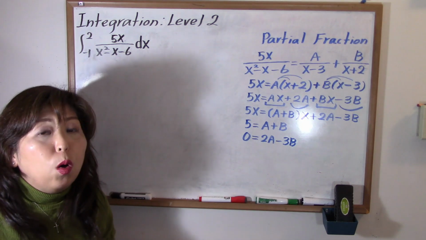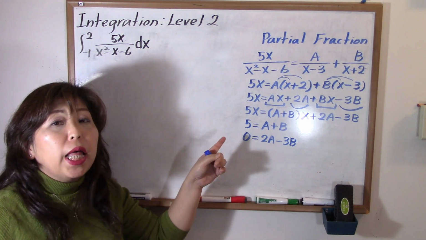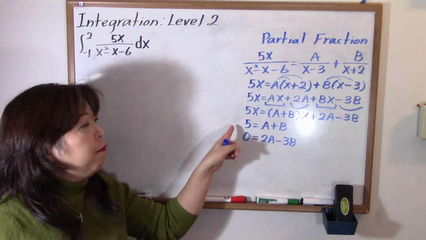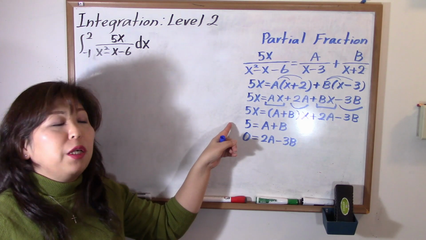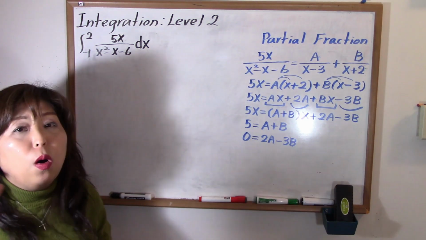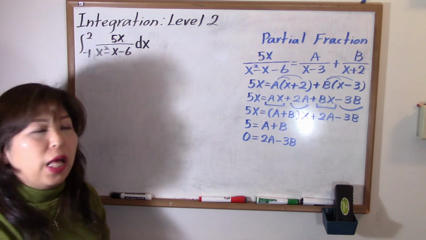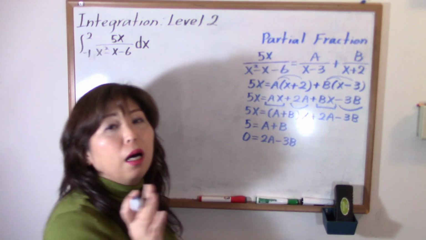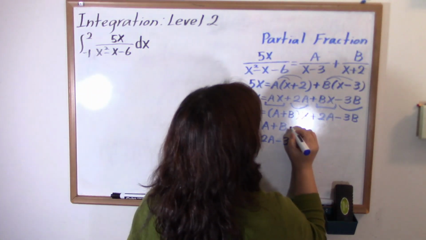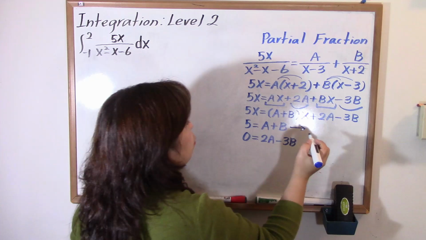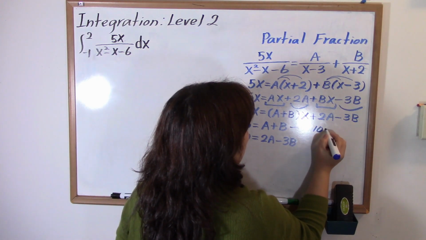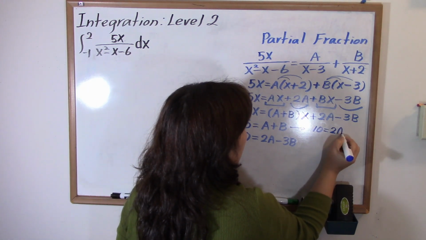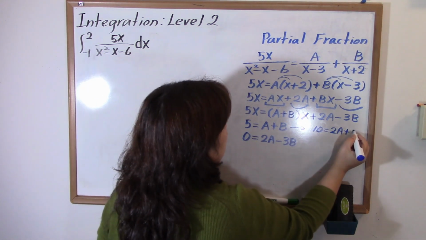So now, we have to solve for A and B. First of all, we're going to multiply the first equation, 5 is equal to A plus B, by 2, or negative 3 or 3 or whatever, but I think 2 is easiest. So we're going to multiply by 2. So 5 times 2 is 10 is equal to 2 times A plus 2 times B.